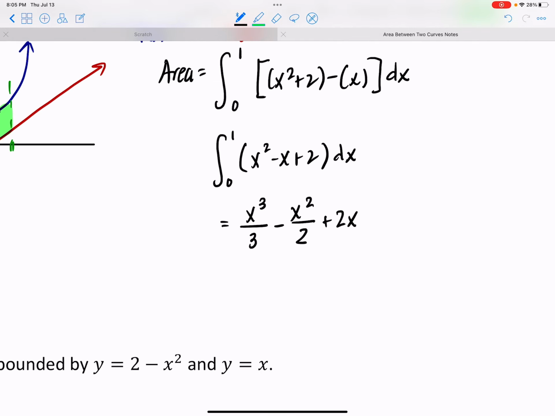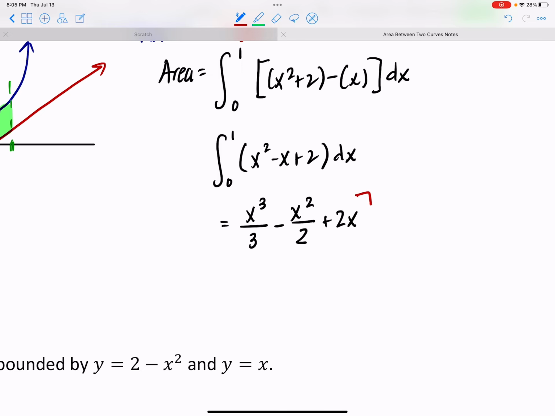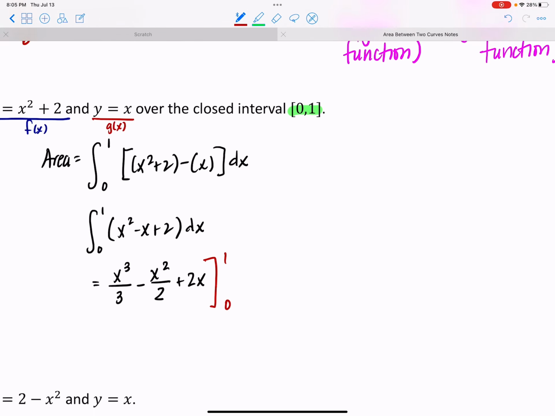I'm going to leave it off because I know it's going to cancel when I go to evaluate this antiderivative. But if you don't want to forget it later on when you're doing the indefinites, then you can definitely put c there. But this needs to be evaluated at 1 and again at 0, and then we're going to subtract those two results. So this is the same work we were doing before.